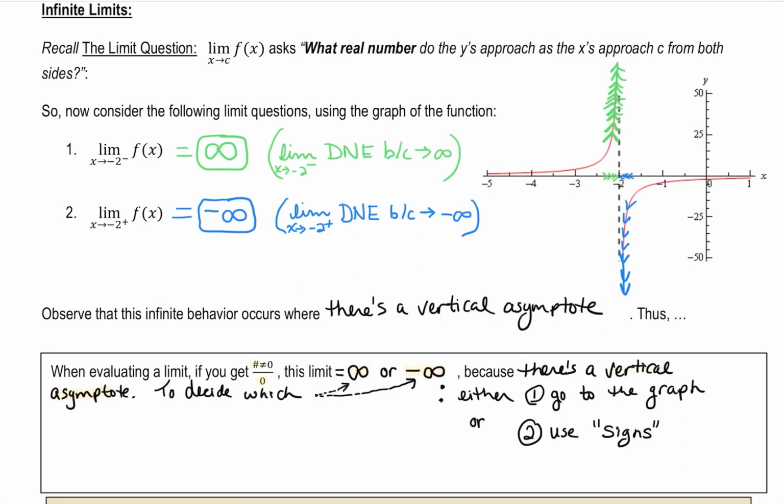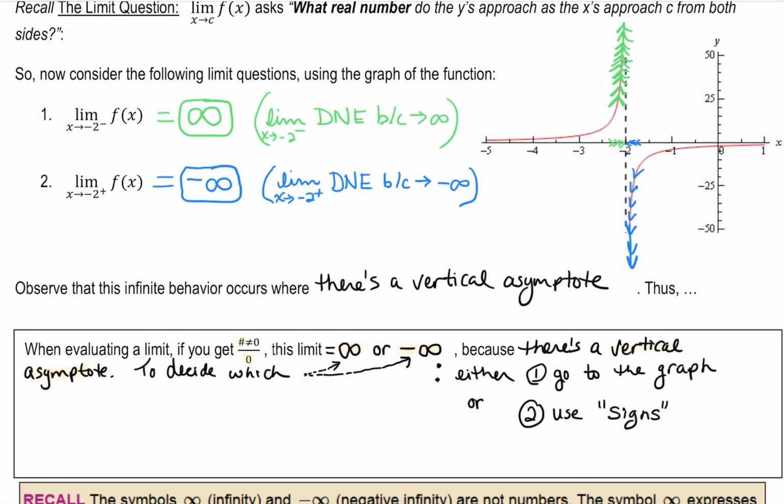You can evaluate the signs of numbers that are approaching -2 from the left or right, for example, and plug in some numbers that would be close. You already know your answer is infinity or negative infinity. You're just trying to figure out if it's positive or negative. So we'll look at both of those.